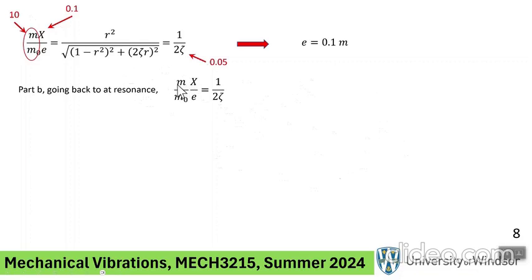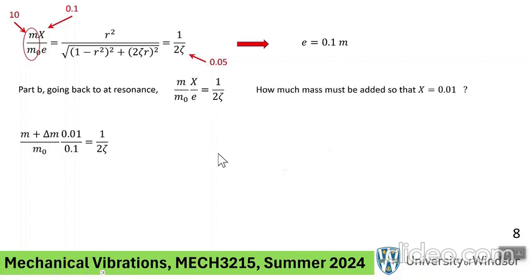Delta M. So that X becomes, instead of 0.1, becomes 0.01. So M plus delta M, our job is to find delta M so that X becomes 0.01.